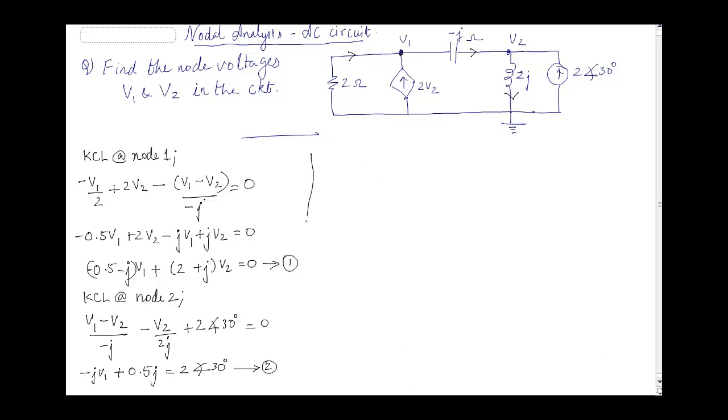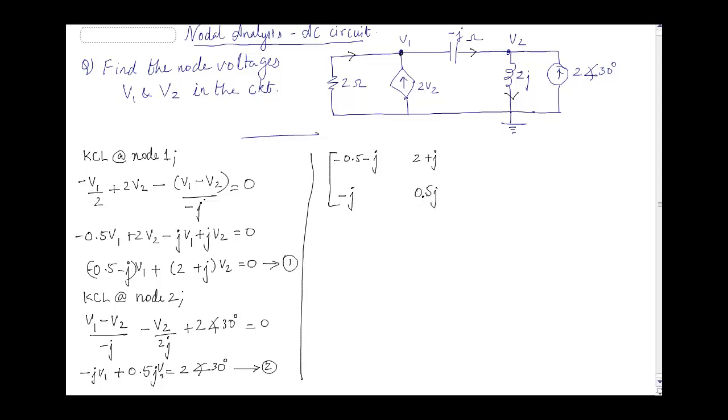which can be written in matrix form. So the matrix form would be minus of 0.5 minus j, 2 plus j, and the second row we will have minus j for V1 and 0.5j for V2.